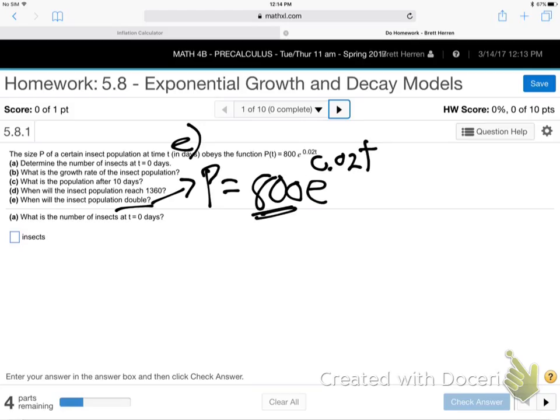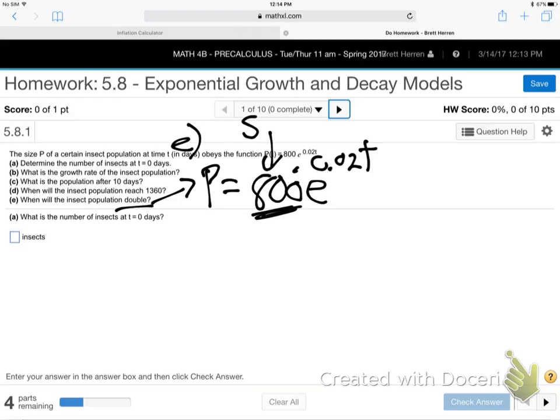Yeah, because remember this number here is the initial amount. I know it might be confusing because we're used to calling that P, and this is A. They're just using P for population now. Don't let them throw you off by what they call things. Whatever is on the right side is the starting amount, and whatever's on the left side, whatever you call it, is what it becomes later, right? So 800 is how many insects started off.